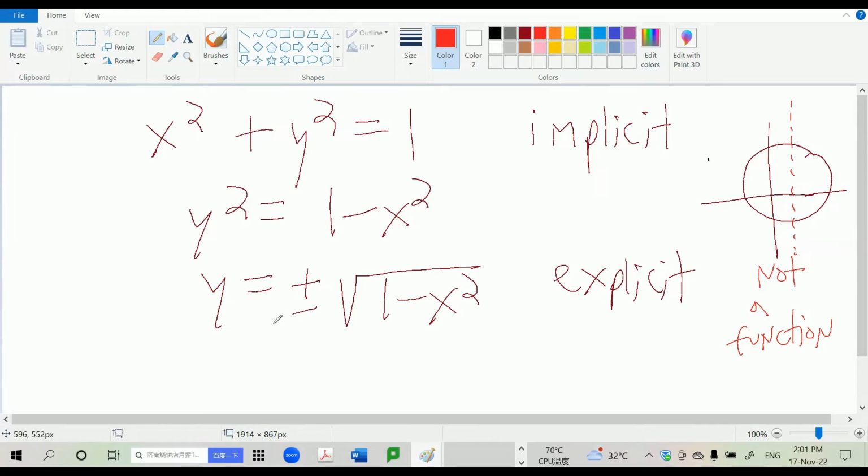But we're going to learn how to do the derivative of this equation by using implicit differentiation. So instead of moving the x to the other side and isolating y, what if I just left it as x squared plus y squared equals 1? I would take the derivative just the way the equation looks. That would be called implicit differentiation.